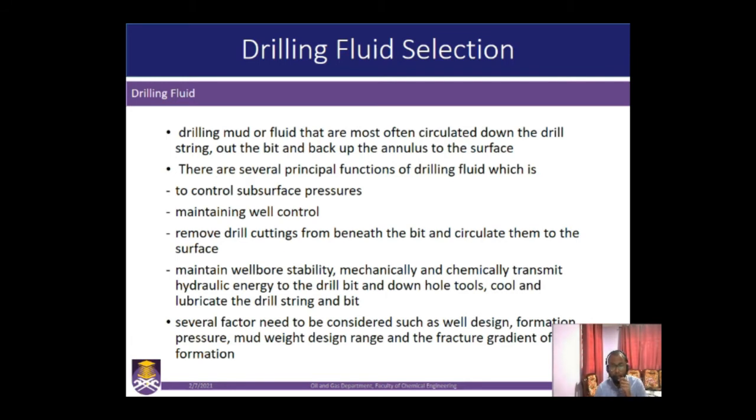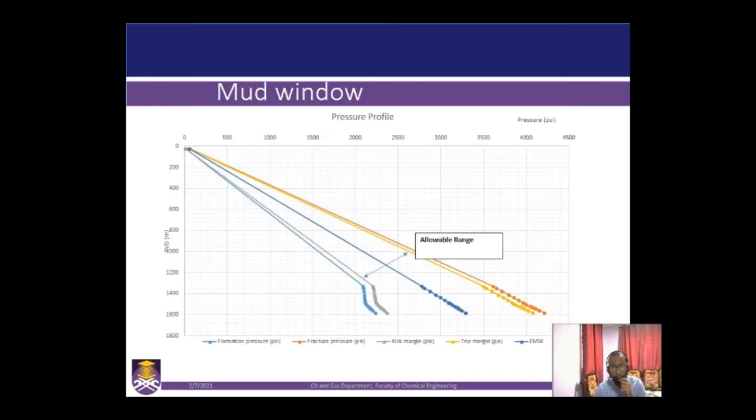Several factors need to be considered, such as well design, formation pressure, mud weight design range, and fracture gradient of the formation. This is the mud window for the Amirah 1.